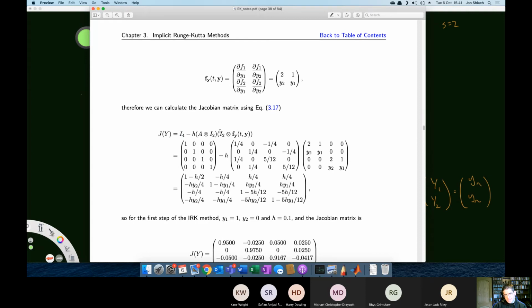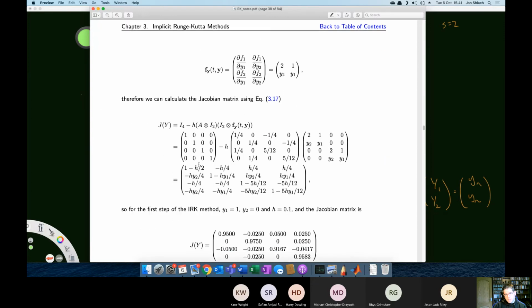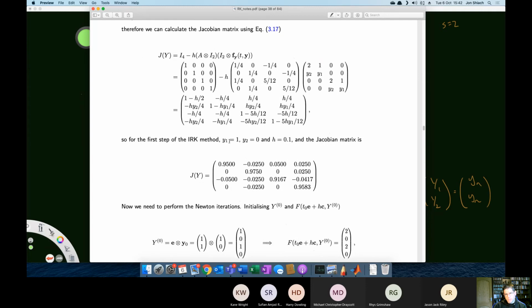So each element in A, which is a quarter, minus a quarter, a quarter, 5/12, is multiplied by the 2 by 2 identity to give us this 4 by 4. And for this one, this is our Jacobian, tensor product with the 2 by 2 identity. So that gives us this matrix. Now for the first step, we know what our initial solution is for y1, y2, and we know what h is. So we plug that into our Jacobian and we get this 4 by 4 matrix. So now we proceed to Newton's iterations.